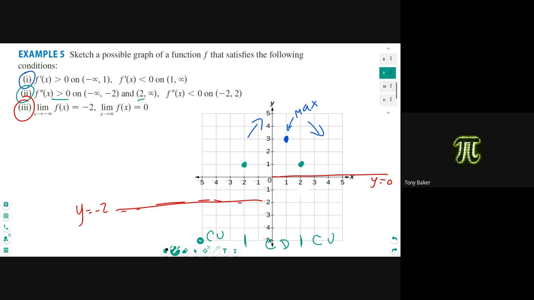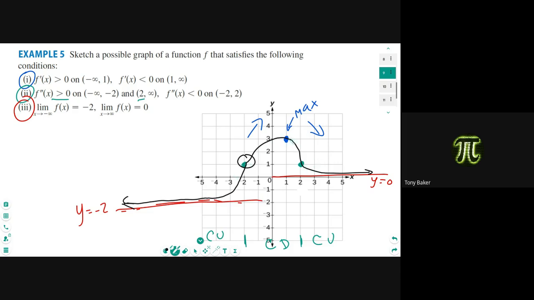So do we have enough information to sketch my graph? So I know it's got to get close to this, right? It's got to go up through there, and then it's going to curve down through there, and then curve that way. There's my graph. So this point right there is the switch between concave up and concave down.